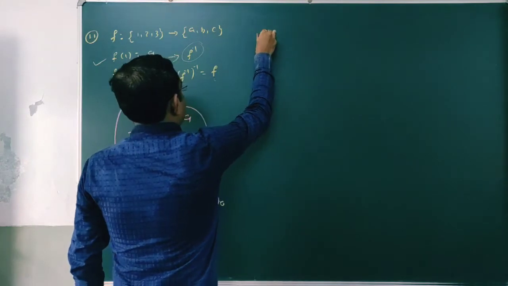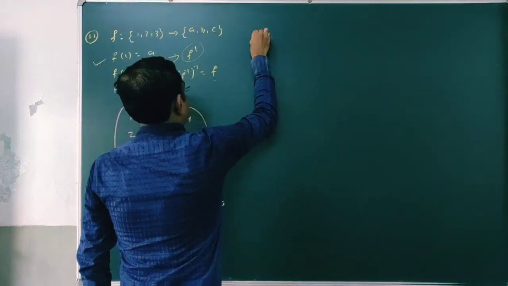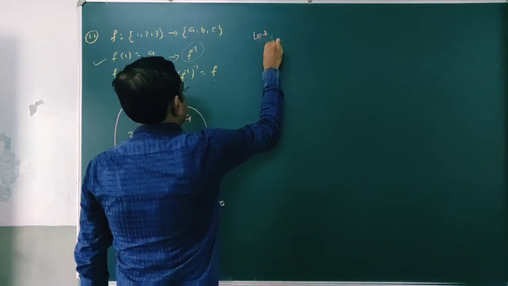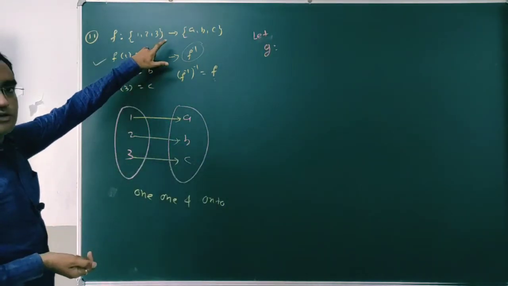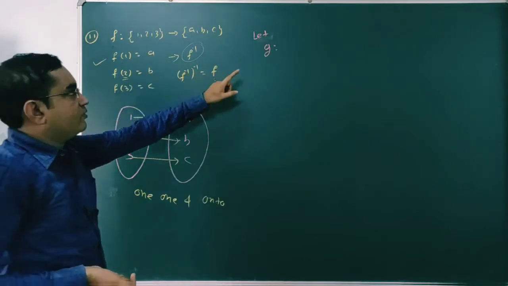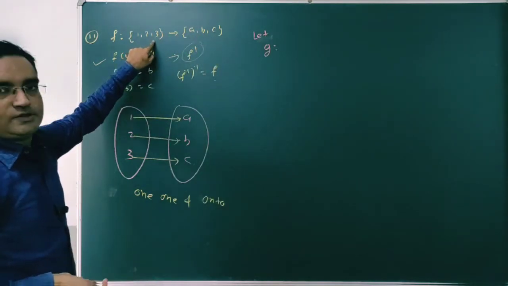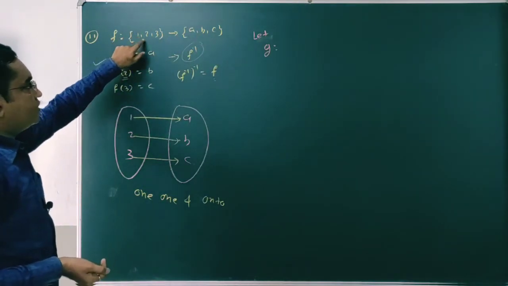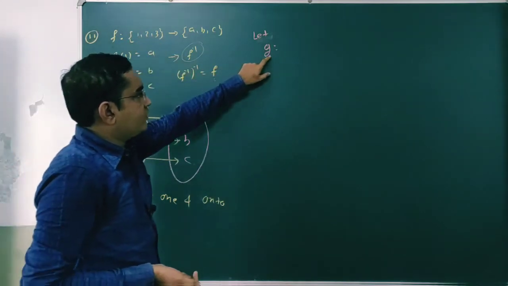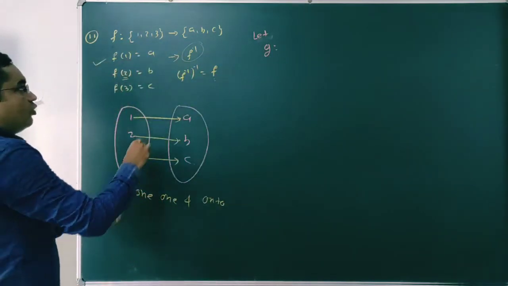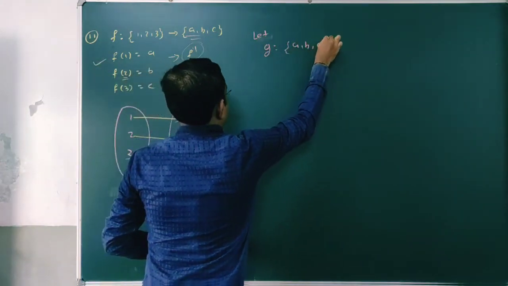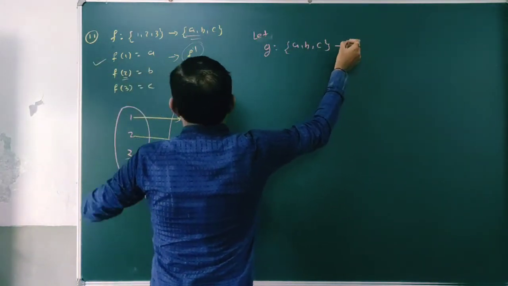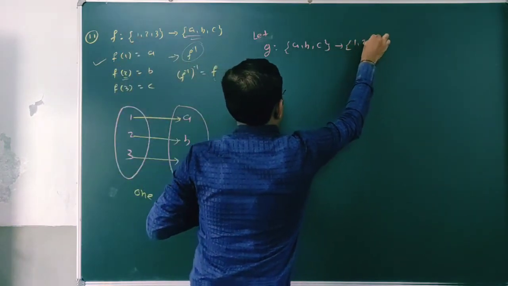So let's assume another function. Let's say we assume function f from X to Y is given. Then we find another function from the codomain to the domain of this function. This is the given function f from this domain to codomain. So for this other function, the domain will be the codomain of this function. So here the domain is A, B, C and the codomain is the domain of the given function, 1, 2, 3.